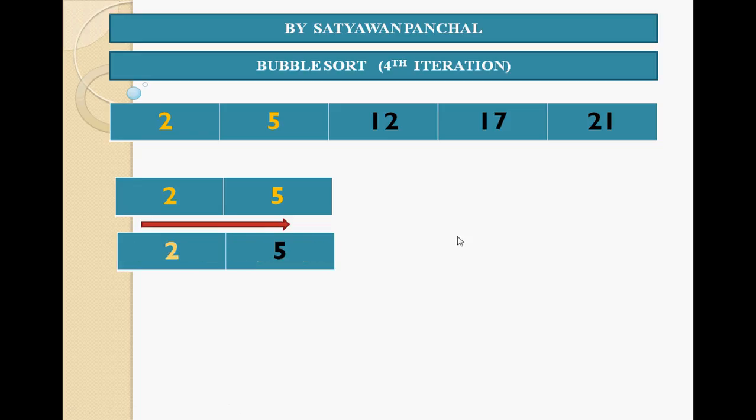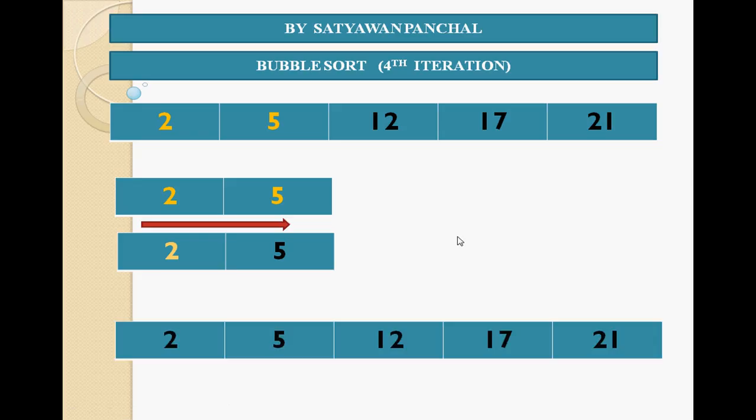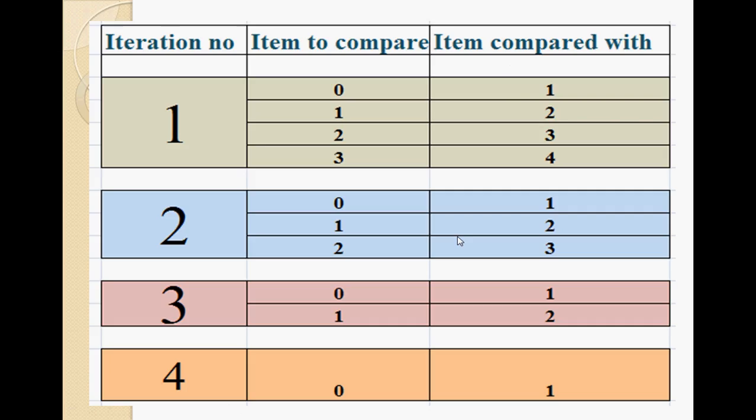It will be on the right side, so it is sorted. So now we can see that in the fourth iteration all the elements are sorted. We were having 5 elements, so all the elements are sorted in 4 iterations.